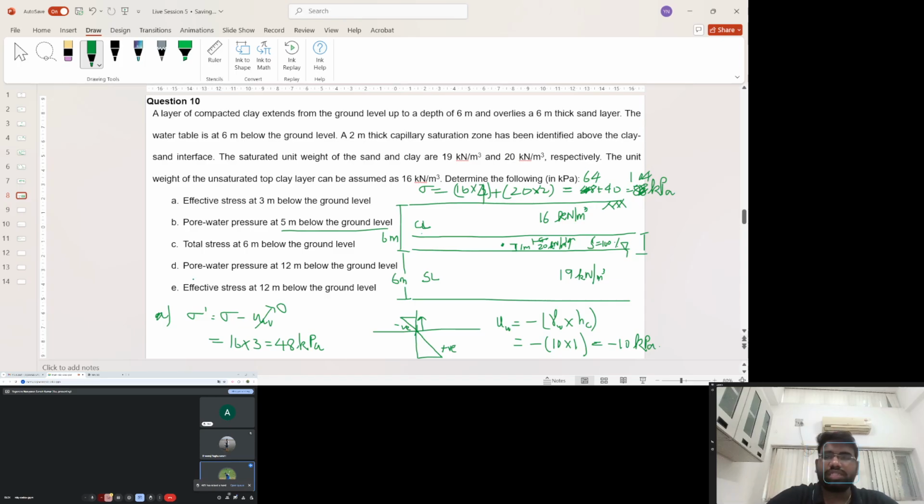And now pore pressure at 12 meters below the ground level. For that, this is the point. Here we need not consider what happens in this zone. Our concern starts from the groundwater table. It will be a linear variation, for which it will be gamma W into 6.